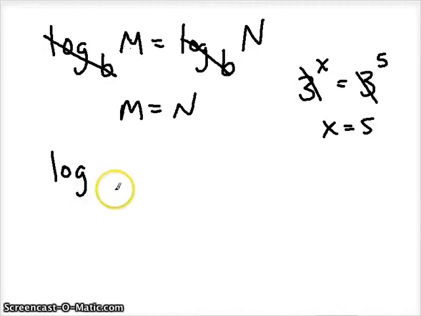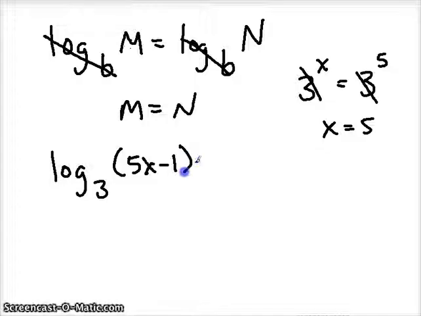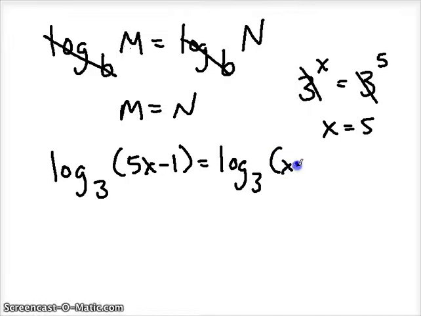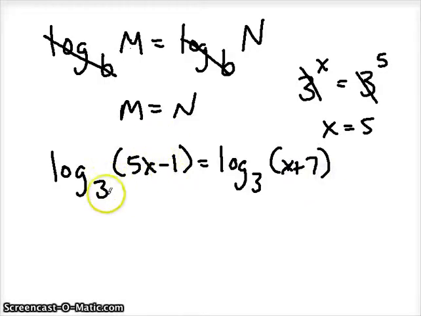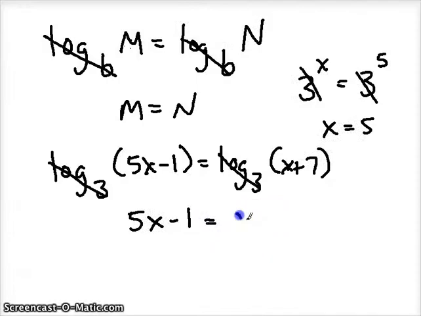Here's what a problem like that might look like. So because each of our logs have the same base, we're allowed to ignore them. And we just focus on this part of our equation. And that allows us to solve for x.